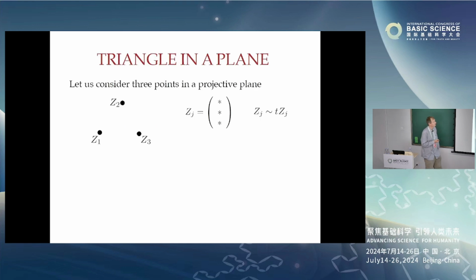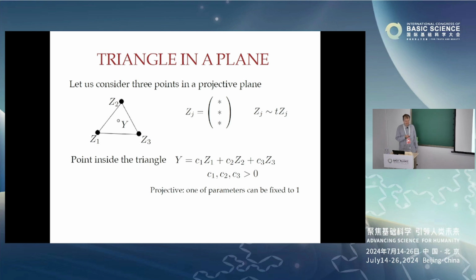So to see what the amplituhedron is, let's start with the simplest example, which is a triangle in a plane. In the triangle, we have 3 points, and we would like to describe a point inside this triangle. Each of these z's is like the momentum of a particle. So these are like 3 particles.